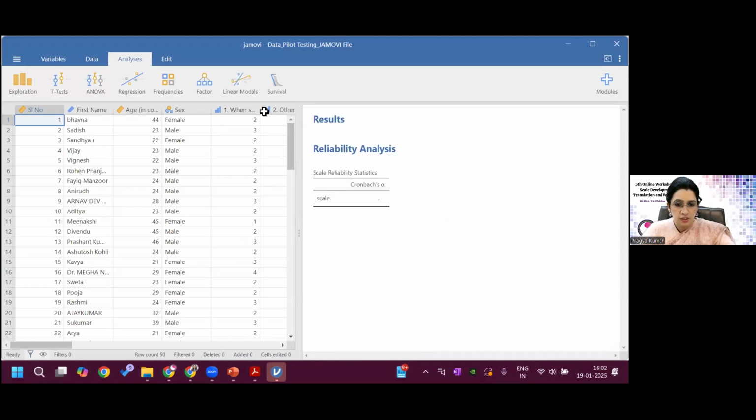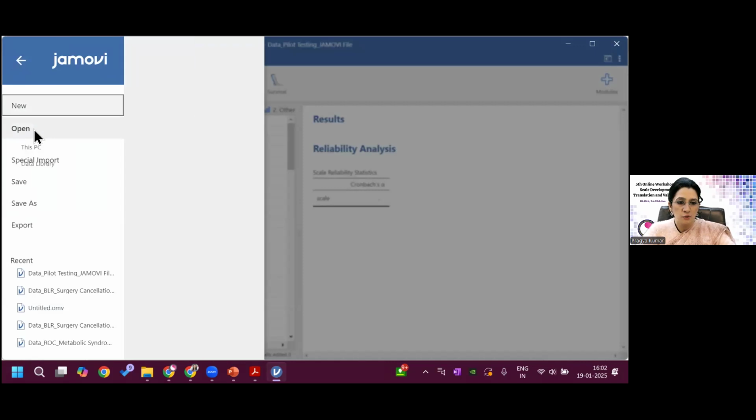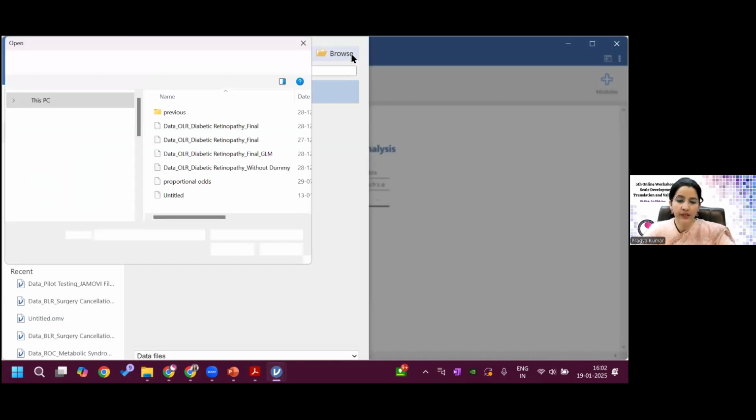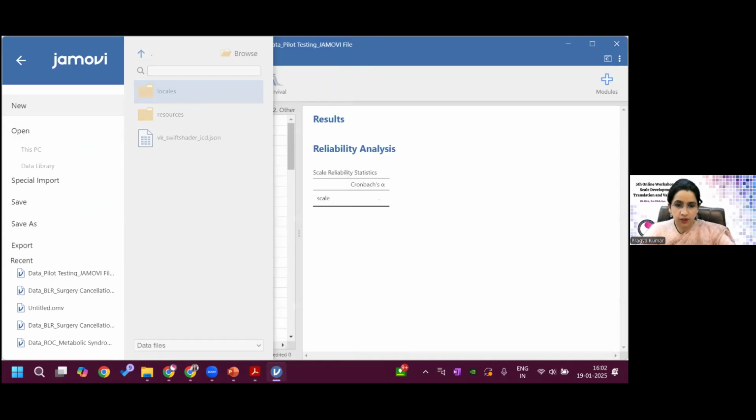So this is the Jamovi interface. Here also you have to click this and you will click open, and then you can browse the file. And it imports any file type, whether it is Excel, CSV, SPSS, any file type.